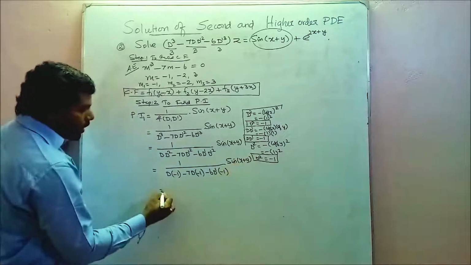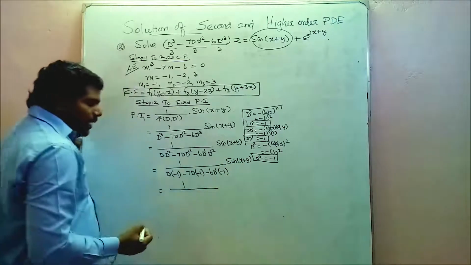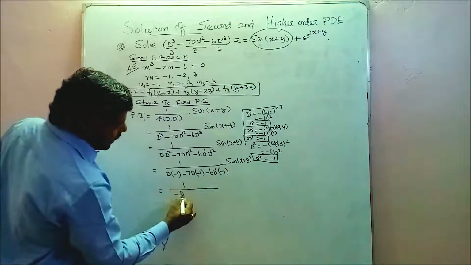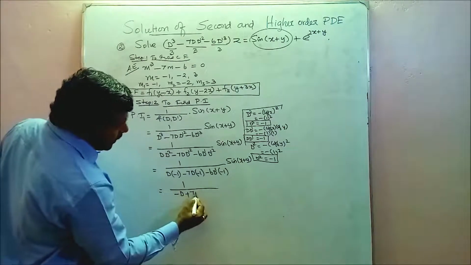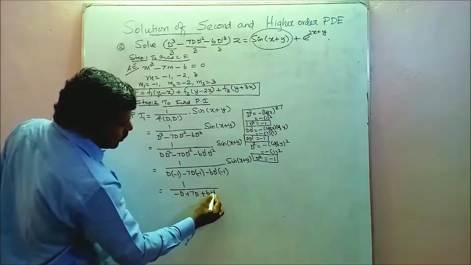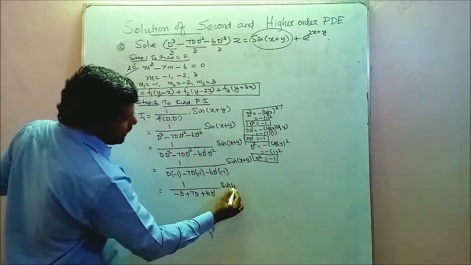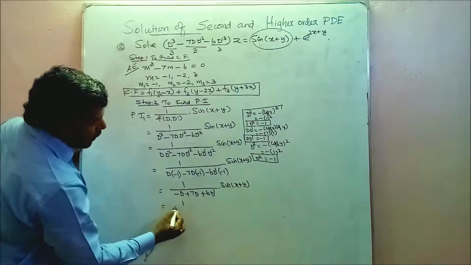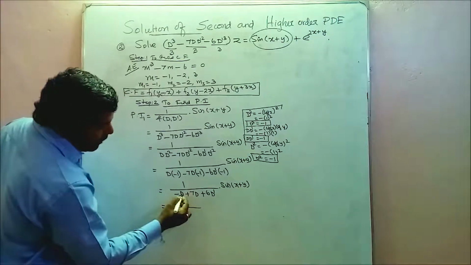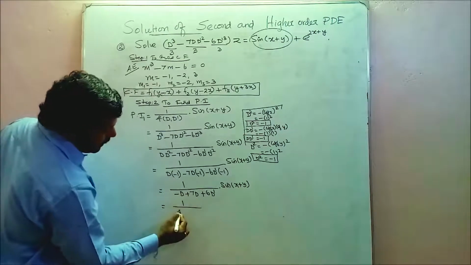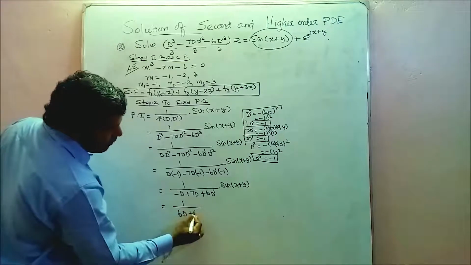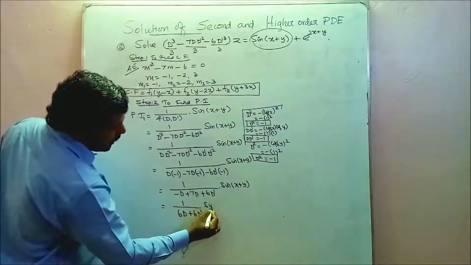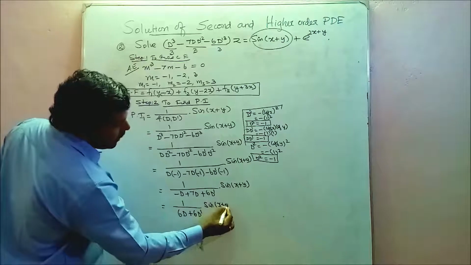That is equal to 1 by minus d plus 7d plus 6d dash into sin of x plus y. Here minus d plus 7d can be written as 6d, so 1 by 6d plus 6d dash into sin of x plus y.